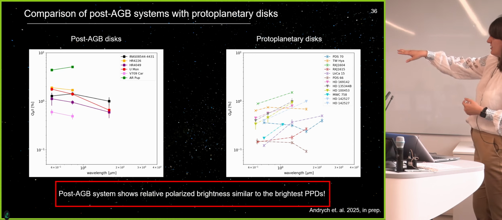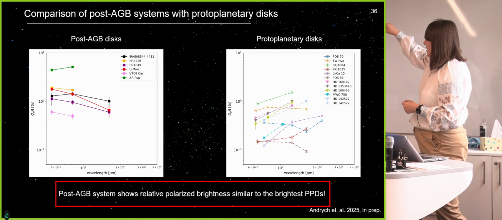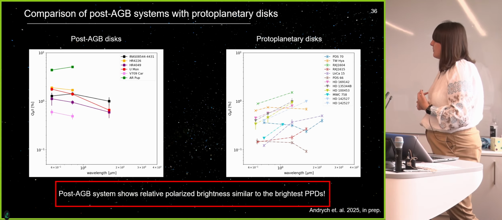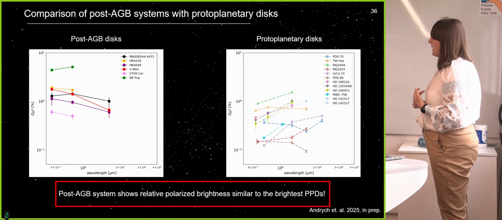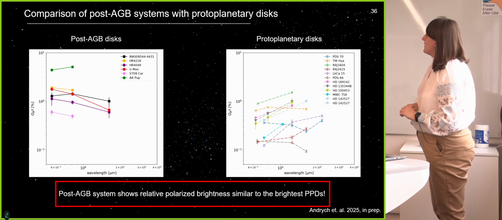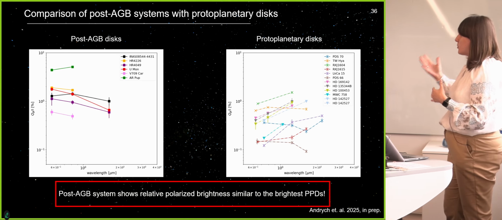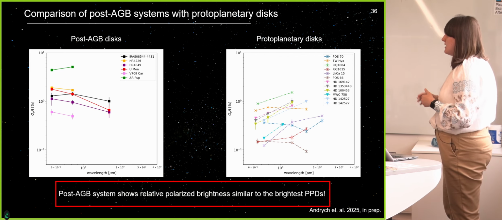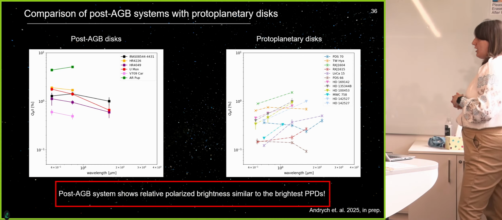Here on the left is our sample, and on the right we have a sample of T Tauri and Herbig stars from the MATISSE 2023 paper. As you can see, our targets are among the brightest protoplanetary disks. So the efficiency of polarization is definitely not lower for our disks than it is for protoplanetary systems.